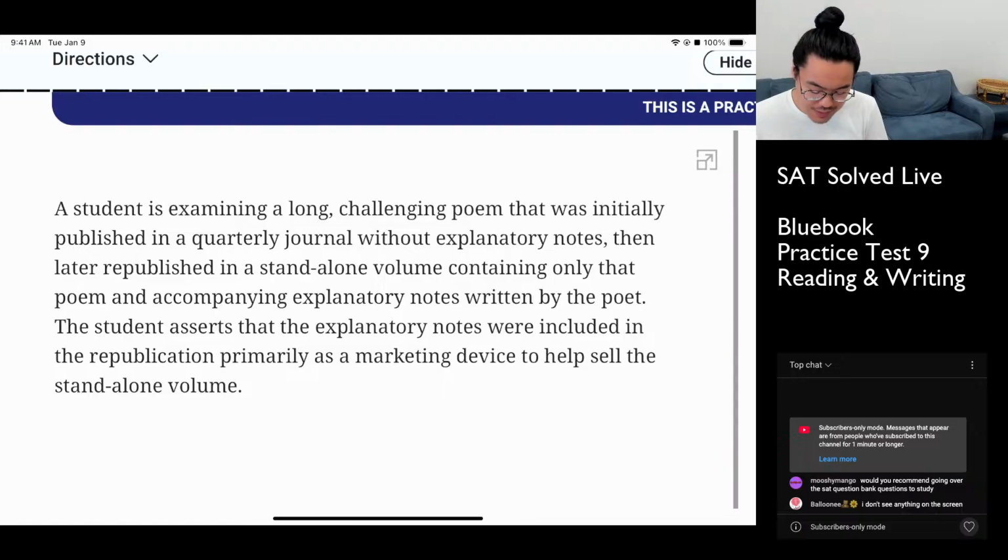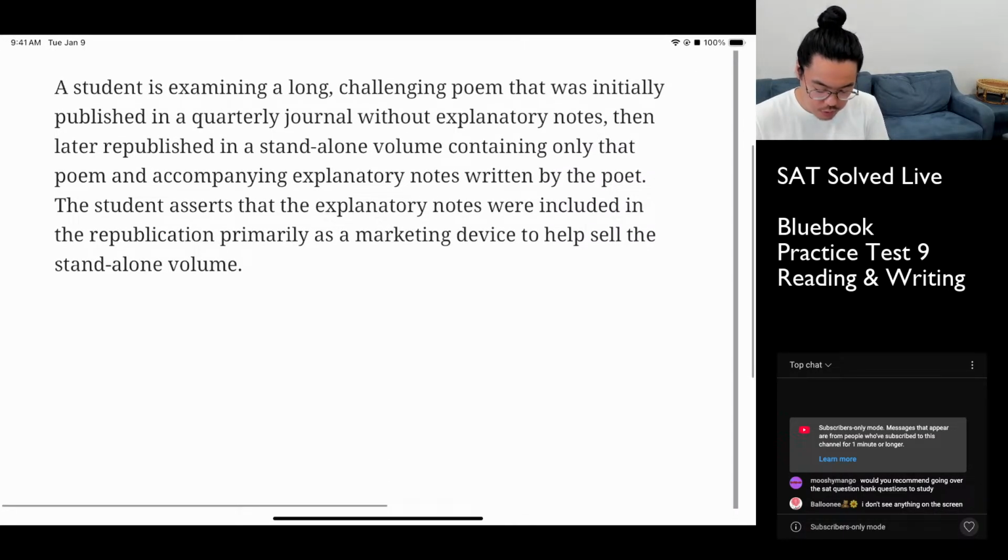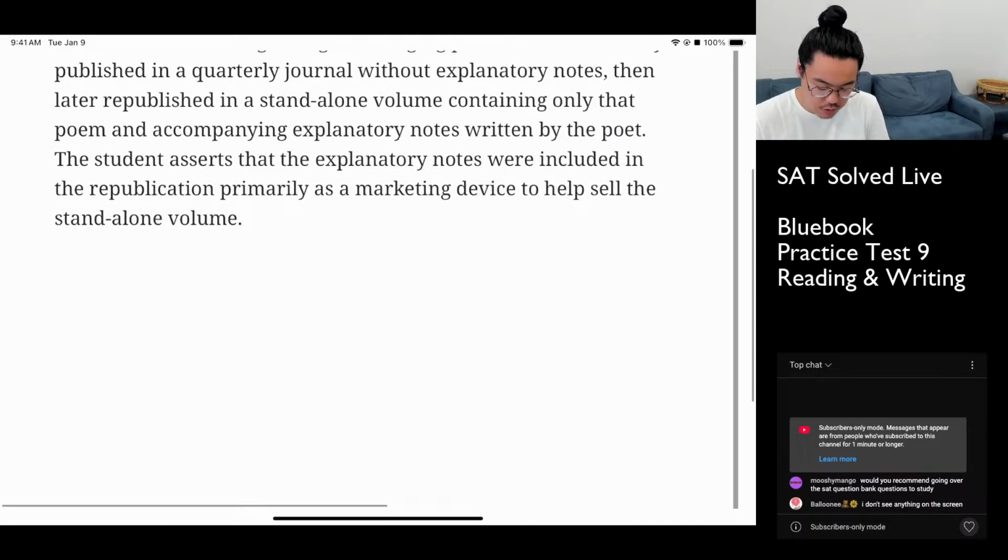A student is examining a long, challenging poem. Initially, it was published without notes. Then later, it was published again with only that poem and also notes. Okay, so it's like a very famous poem or a very successful poem. The student asserts that the notes were included in the republication as a marketing device.